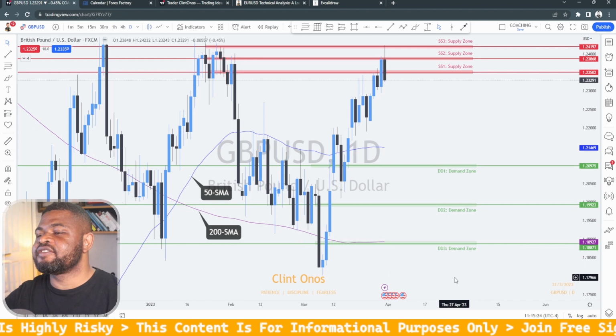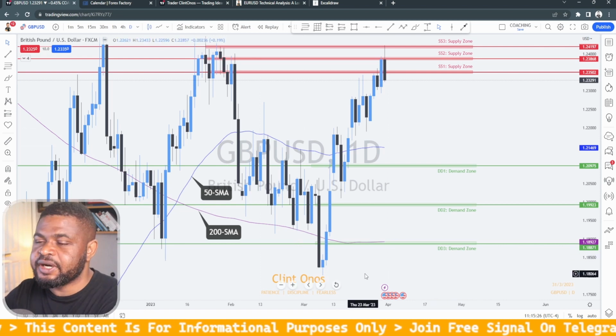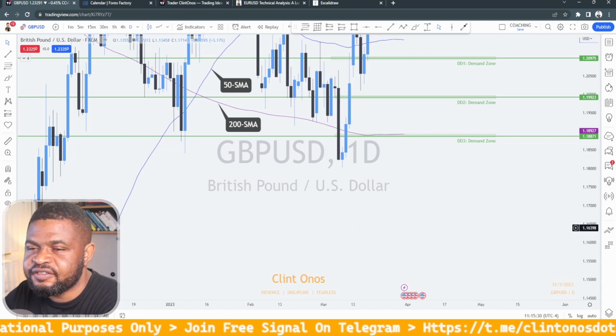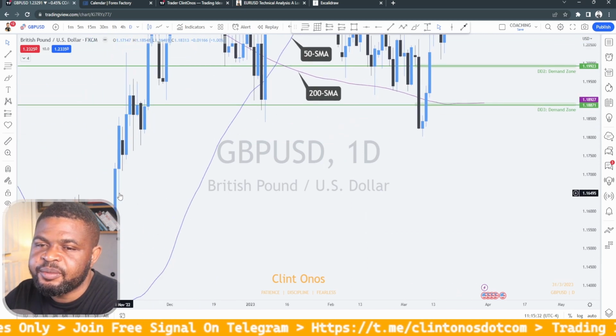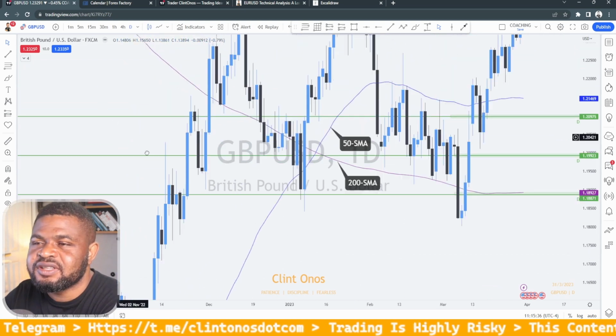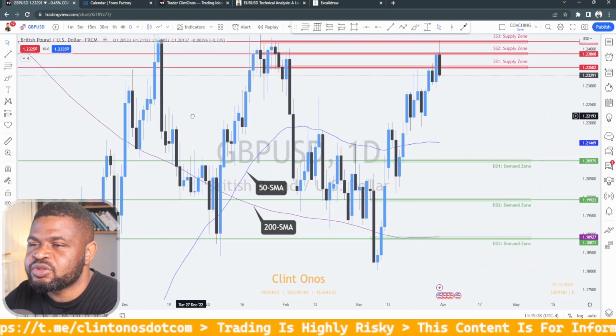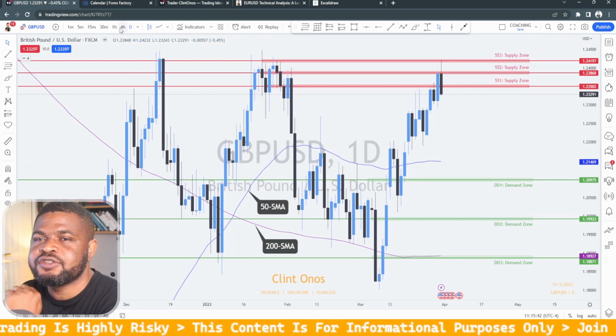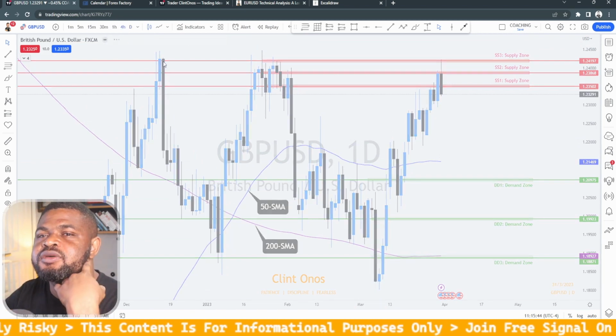But if price goes beyond the demand zone 3, then we might likely see a take of the low and of course continue upward to maybe fill this gap right there, right? So that's a reasonable expectation for the pound USD, right? So that's that.